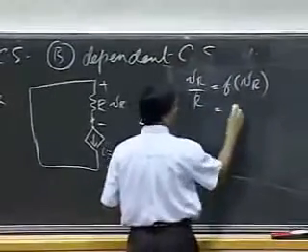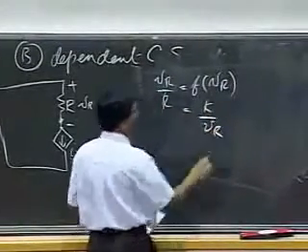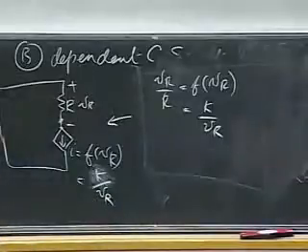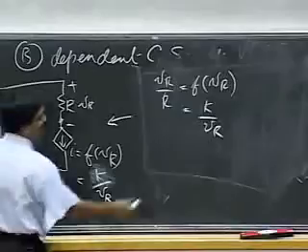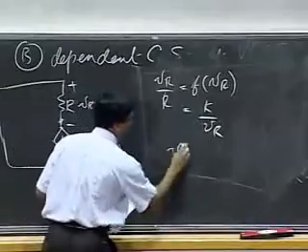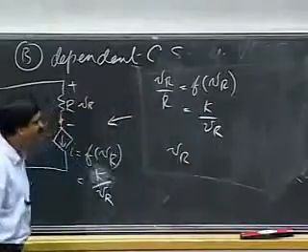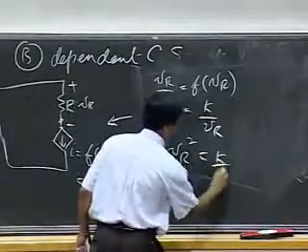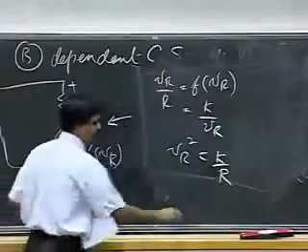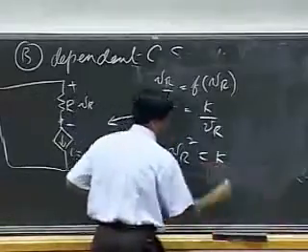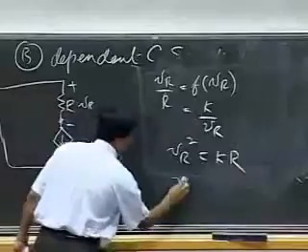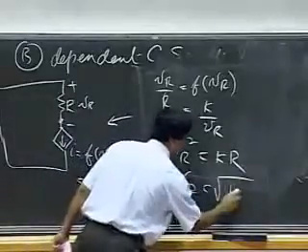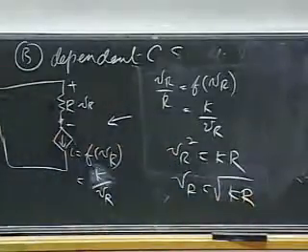And I know that F of VR is given by K divided by VR. Okay, a simple application of the node method. So then I collect VRs on the left-hand side, and I get VR squared is K times R. Okay, and VR is simply the square root of K R. There we go. I'm done.